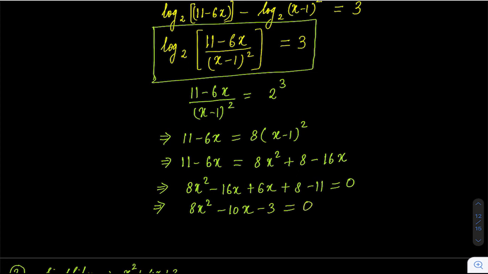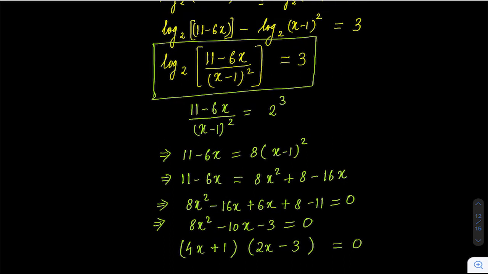Now we can easily make factors of this. So let's try to make factors. First we will try with 4x and 2x. If that doesn't work, then we will go for x and 8. I think you know the drill. So this will be 4x and this will be 2x and we need minus 10. So minus 12 plus 2 is minus 10.